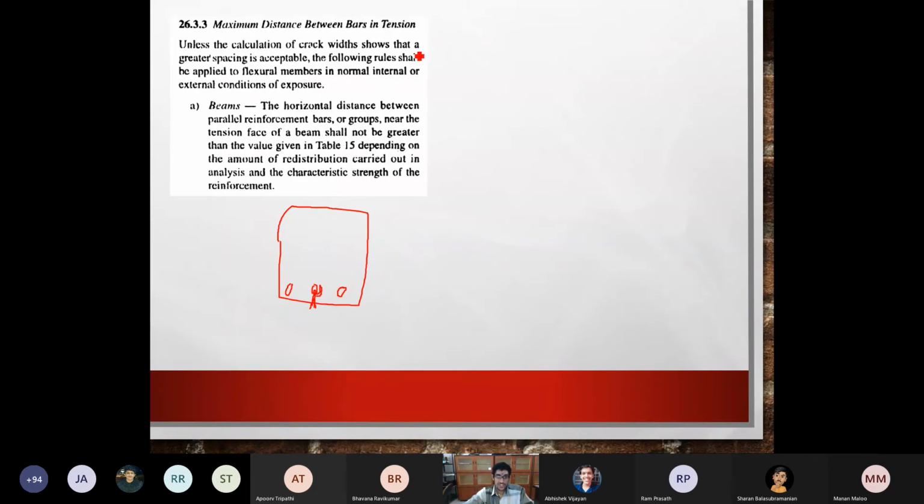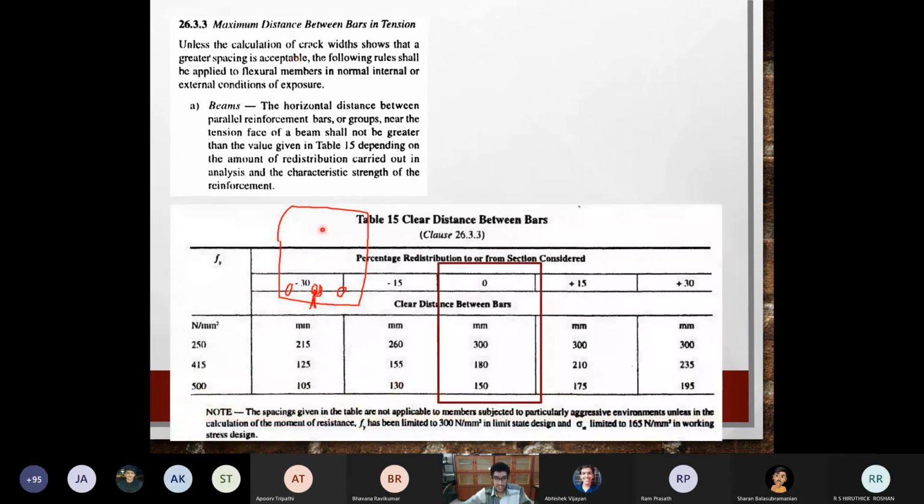Unless the spacing of the crack is great, a spacing is acceptable; the following rules shall be applied to the flexural members for getting maximum spacing. If you read this, it is something related to the crack width. In order to ensure that this is not bad, you have to ensure that the maximum distance between the bars does not exceed a certain limit, and that limit is given by this table.